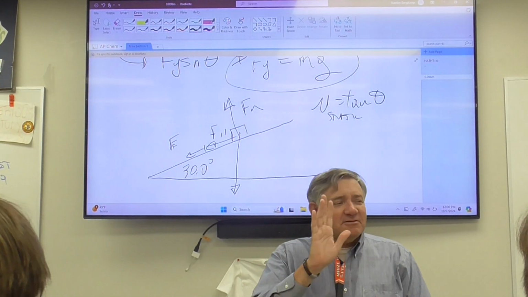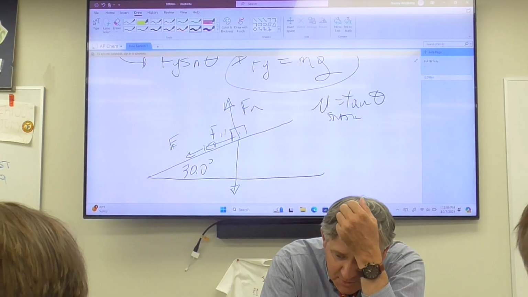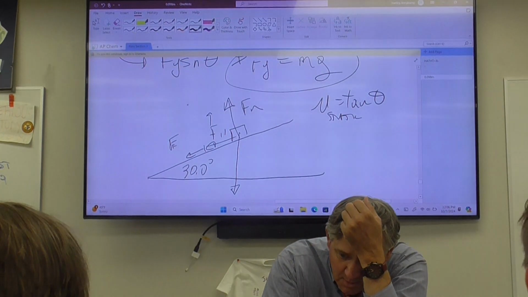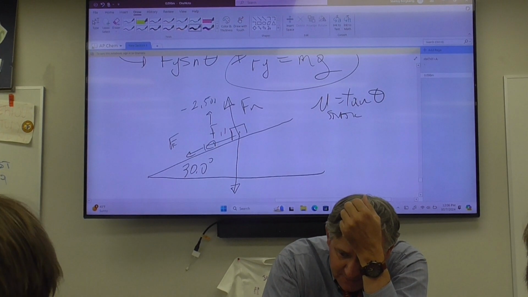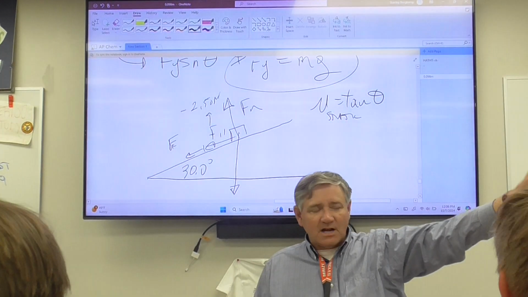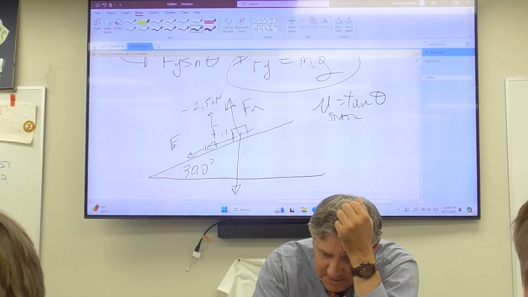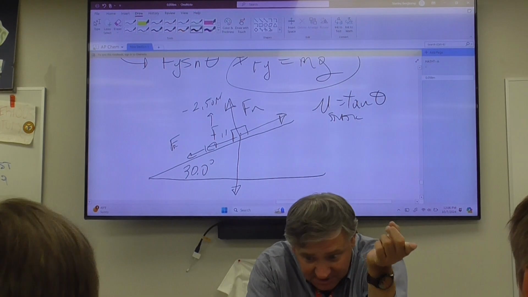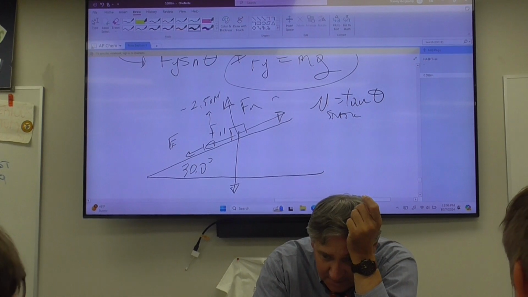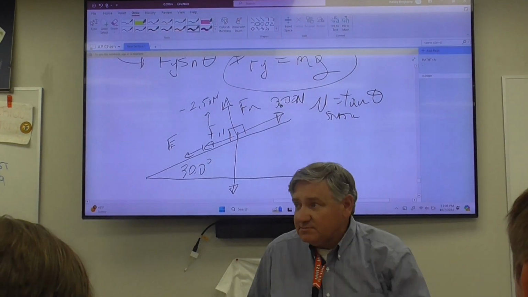Now, here's the most important thing. Let's just say that your force parallel was negative 2.5 newtons. Okay? Just make up a number. And you define downhill as being negative. And let's say that you measured that force applied, which in Jackson's world is going to be a positive number. And let's say that's 3 newtons. Okay?